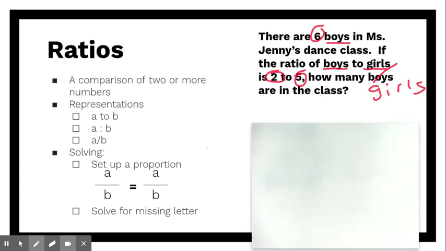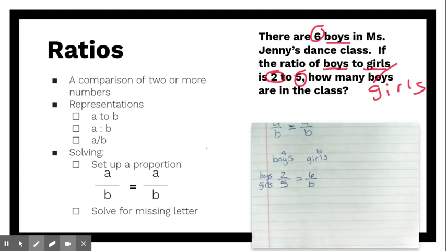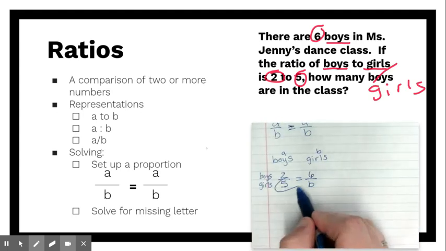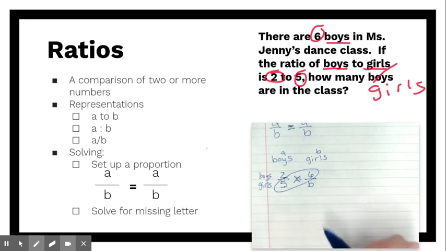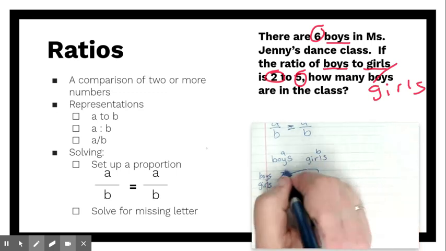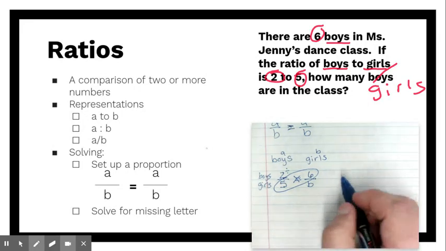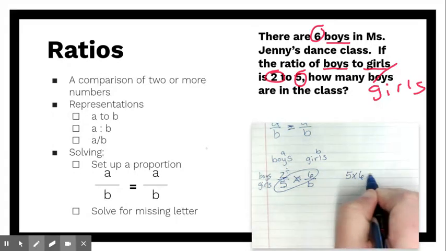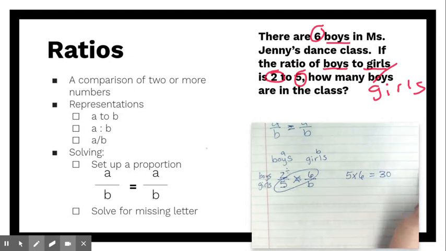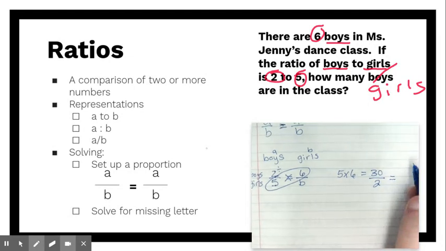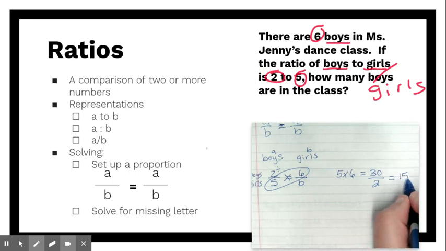Remember, you always cross multiply, and then divide by the number on the outside. So we do 5 times 6, which is 30, and then divide that by 2. 30 divided by 2 is 15. That's my answer: 15 girls are in the class.